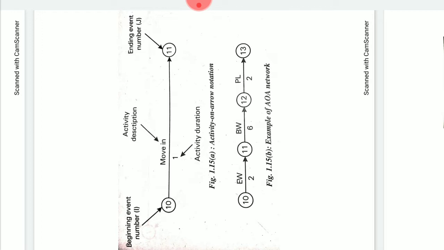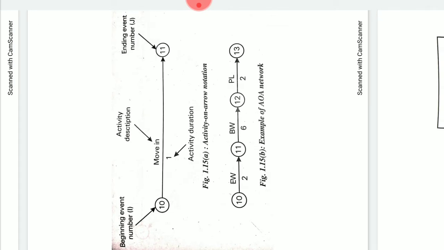Further, it should be ensured that j is greater than i and that arrows point towards j. The use of arrows as activities seems to be the most intuitive when creating a simple network manually.